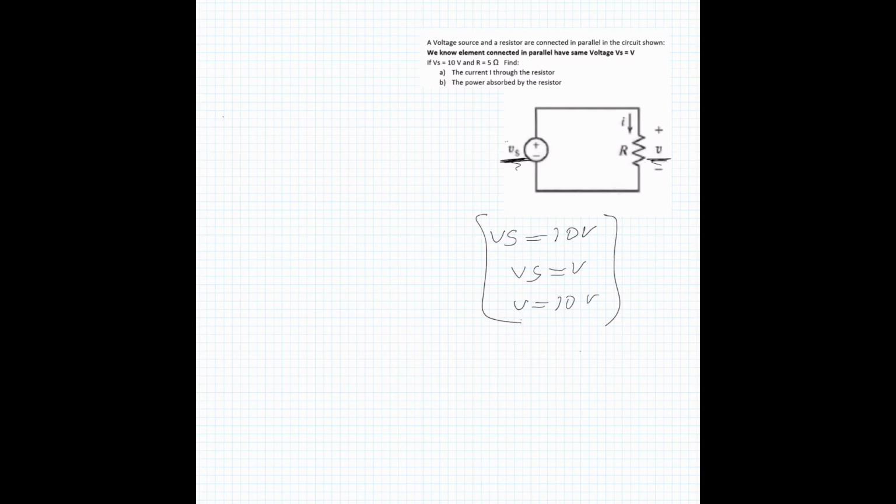Now we just have to go back to the question. A. The current I through the resistor. So we just have to use Ohm's law now.